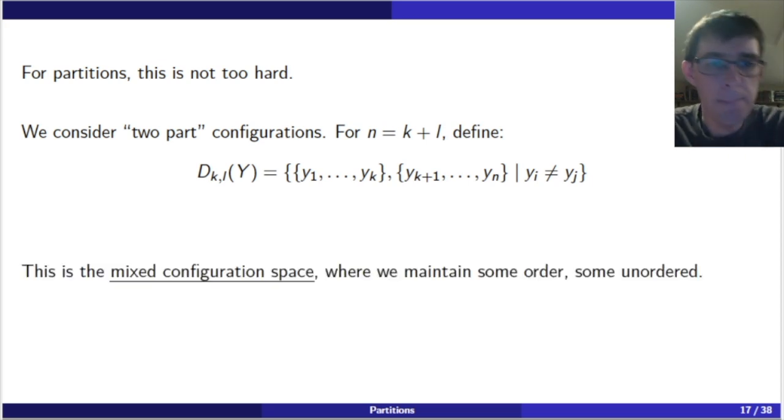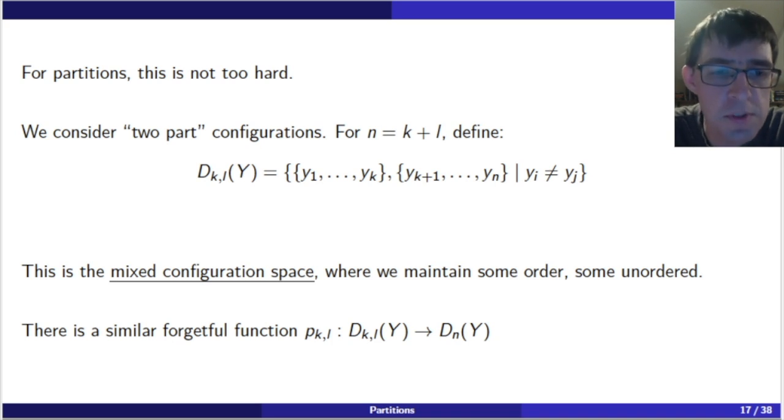This is called the mixed configuration space. It's a configuration space where some kind of order is being preserved. You are separating out the first k from the second bunch of points. But within those two groups, you don't care about the ordering. This is called a mixed configuration space, and I didn't make this up. This is something that people talk about from time to time. And just like before, there is a similar forgetful type function, which takes one of these mixed configurations and just forgets about all the grouping and gives you a totally unordered configuration.